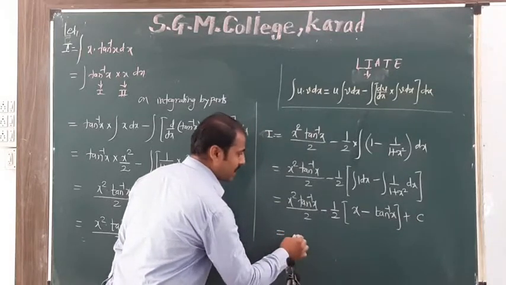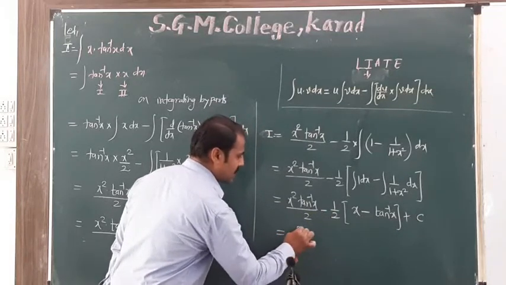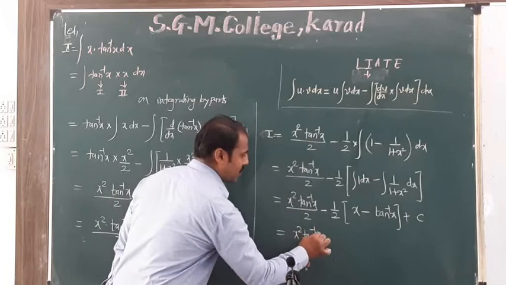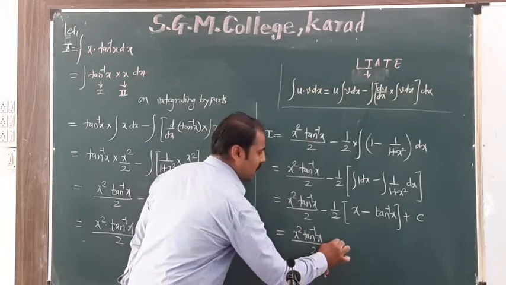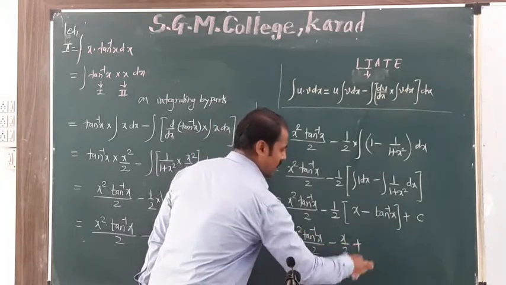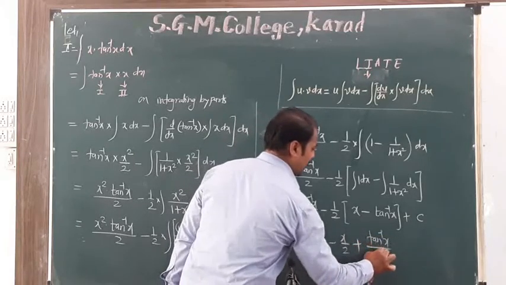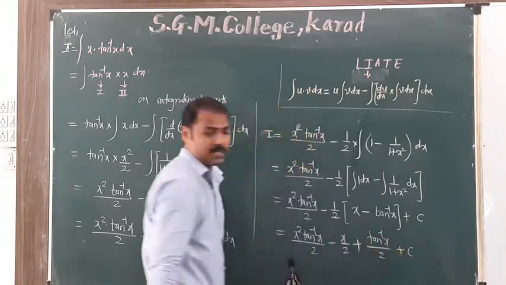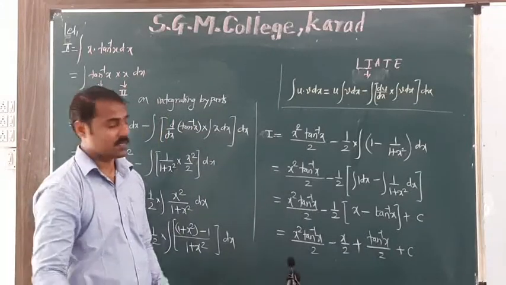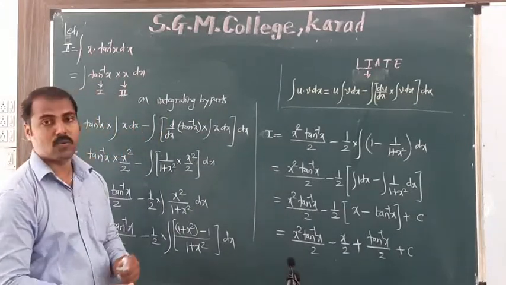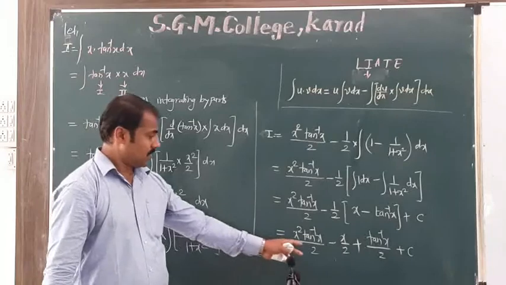On multiplying by 1 by 2, we write this as x square into tan inverse x divided by 2 minus x by 2, minus minus becomes plus tan inverse x divided by 2 plus c, or take 1 upon 2 common from all these terms.